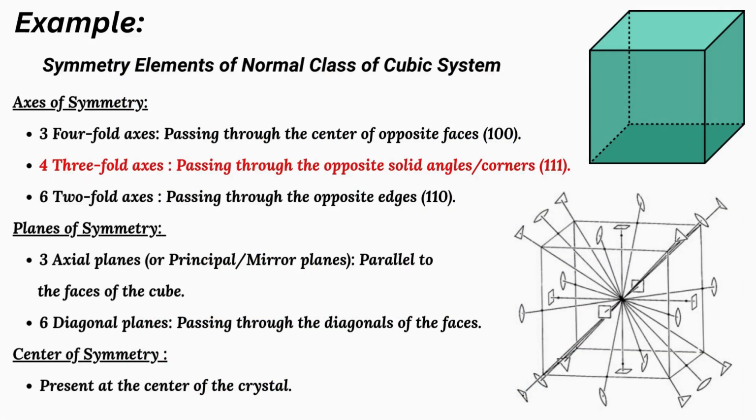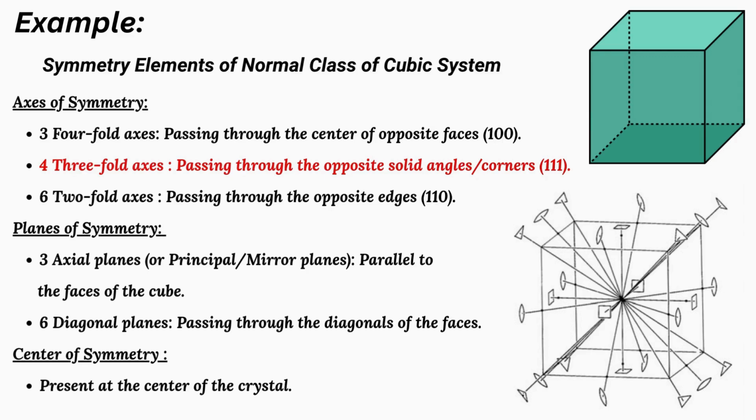Earlier we discussed the different symmetry elements of the normal class of the cubic system. Here the axes of symmetry, planes of symmetry and center of symmetry are given. The red color which I have given is the 3-fold axis. That means 4 axes of threefold symmetry is the defining symmetry for that particular system. It passes through opposite solid angle to solid angle.